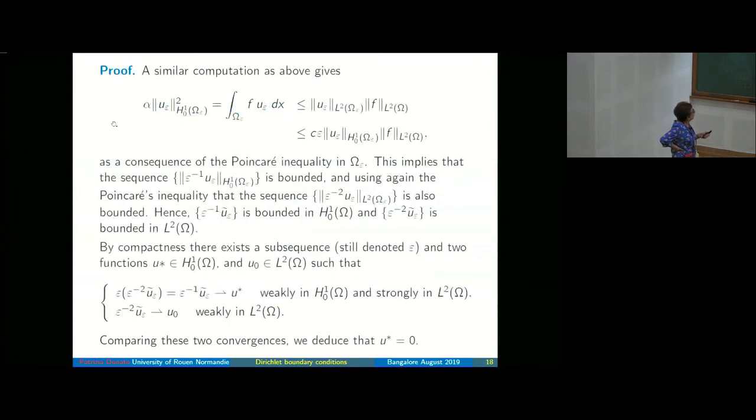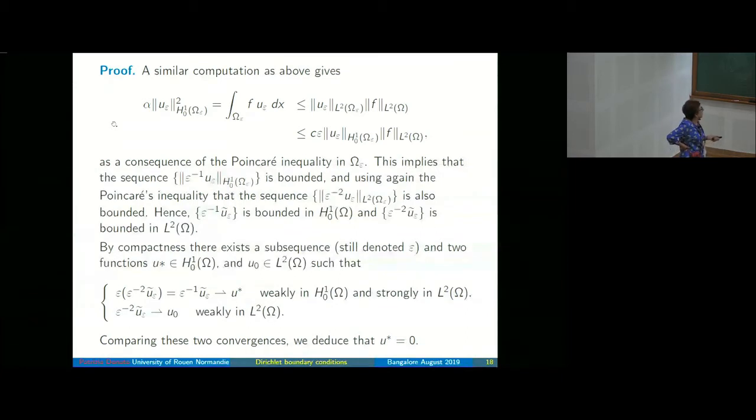So in conclusion, epsilon minus 1 u epsilon is bounded, and epsilon minus 2 u epsilon is bounded. Then, extending by 0, we have the same estimates. By compactness, there exist u star and u0 such that epsilon minus 1 u tilde epsilon converges weakly to u star, and strongly in L2, and epsilon minus 2 u tilde epsilon converges weakly to u0.